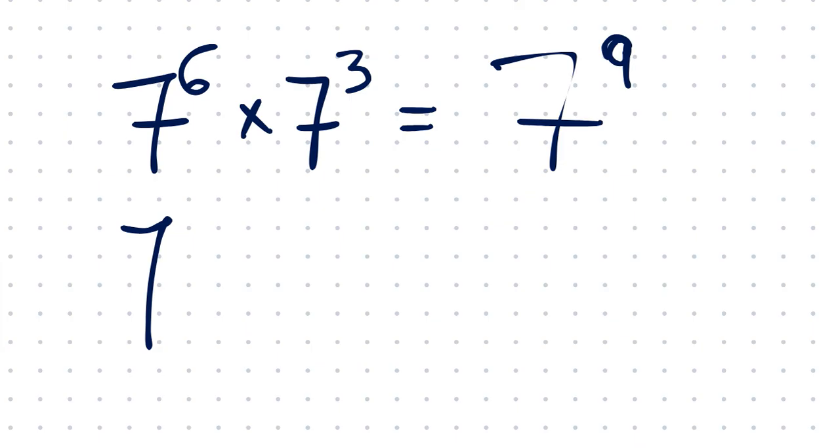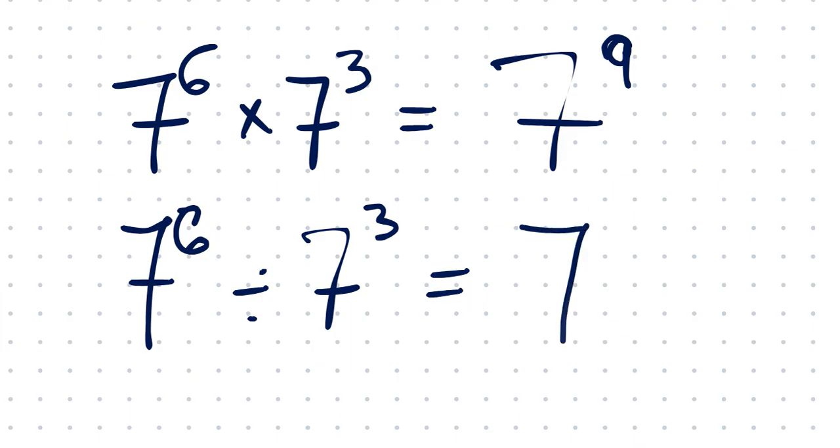Then we learn that if we have division, 7 to the power of 6 divided by 7 to the power of 3, that is equal to 7 to the power of, when it's division, we subtract the exponents. So 6 minus 3 is equal to 3.